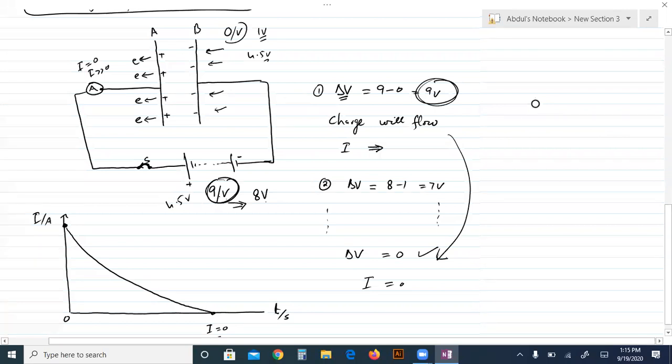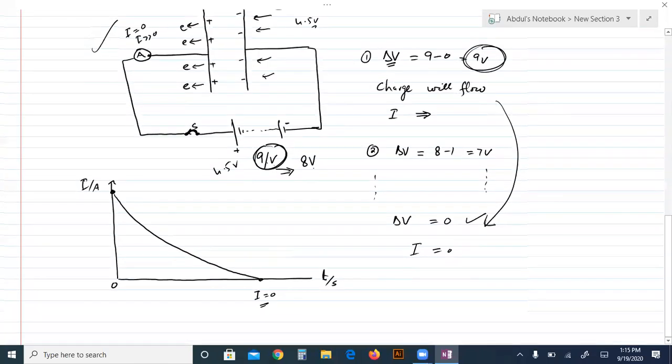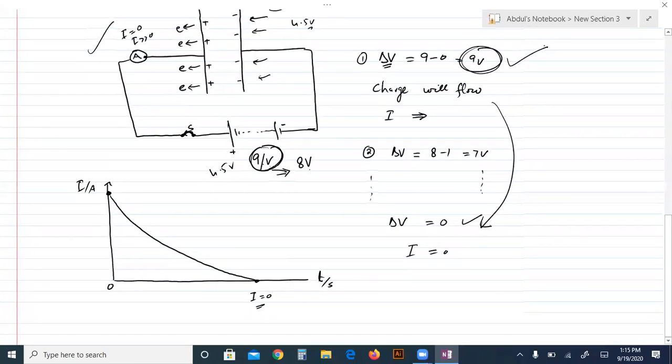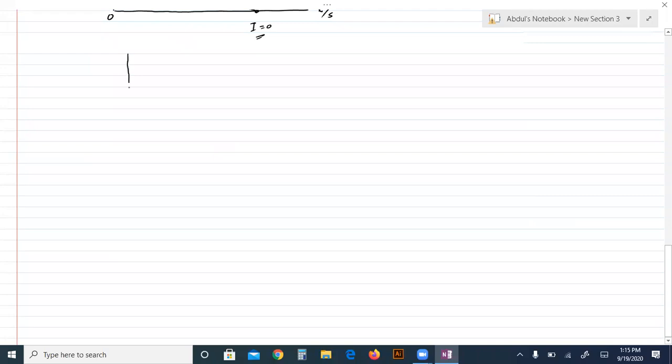So initially, when the switch is closed, due to large potential difference, the initial current will be large and the final current will be 0.